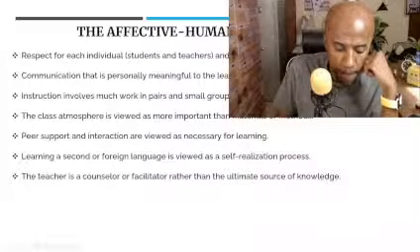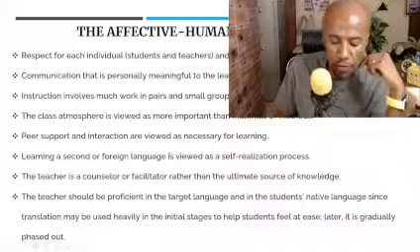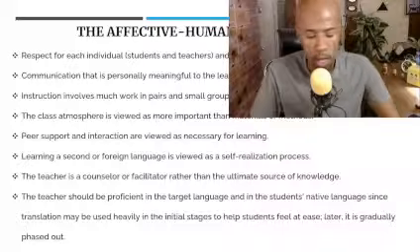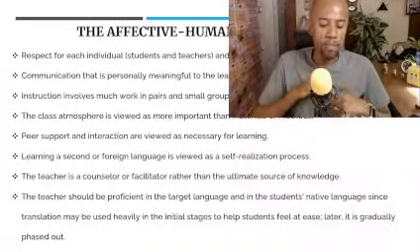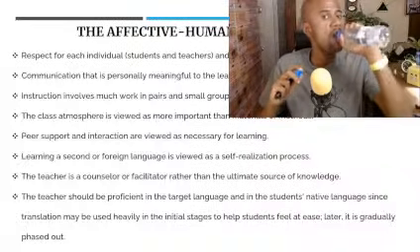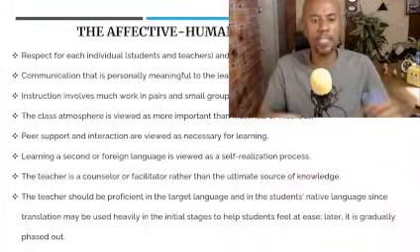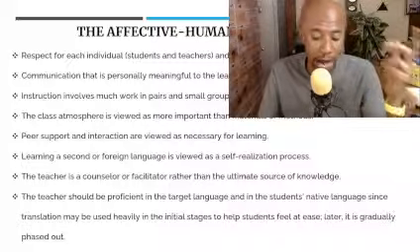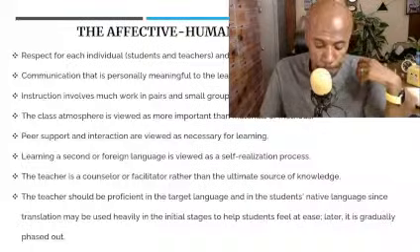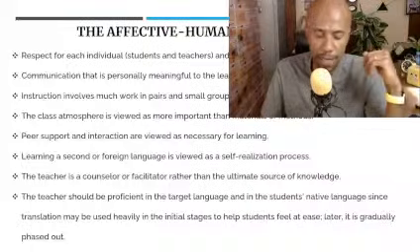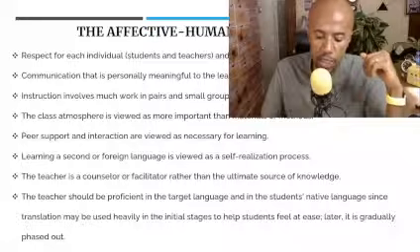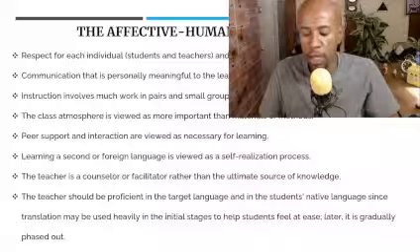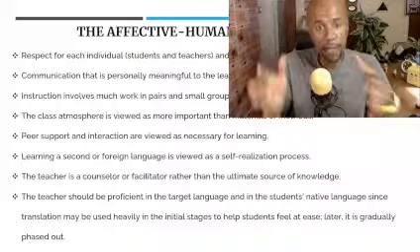So next, the teacher should be proficient in the target language and in the student's native language, since translation may be used, not as much as in the grammar translation approach, but it can be used. Why? Because in the affective humanistic approach, what you want is to help students feel at ease, and later on it is gradually phased out.